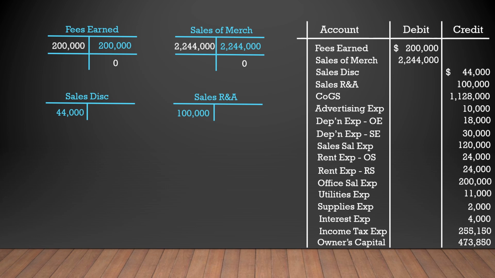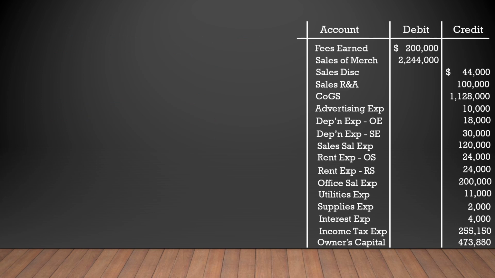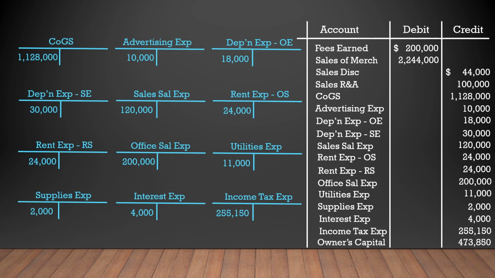Similarly, the credits to sales discounts and sales returns and allowances reset those accounts to zero. The same result can be observed with our expense accounts. They all have debit balances, so credits to them from our closing entry will reset each one to zero.